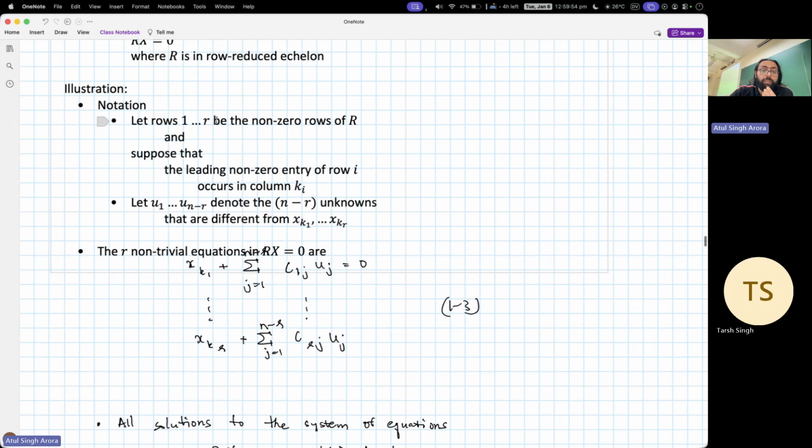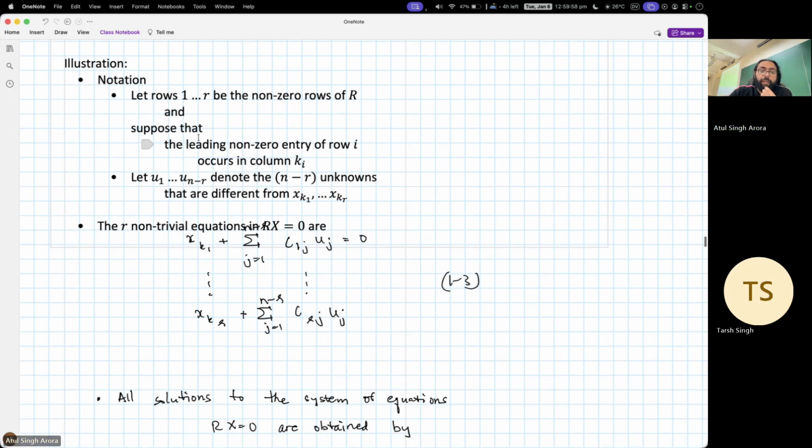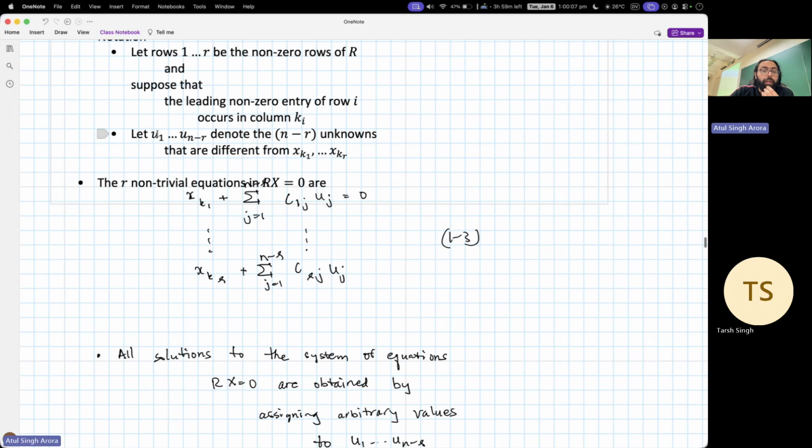Let 1 to r be the non-zero rows of capital R, and suppose that the leading non-zero entry of row i occurs in column k sub i. And let u1 to u(n minus r) denote the n minus r unknowns that are different from x sub k1 to x sub kr.